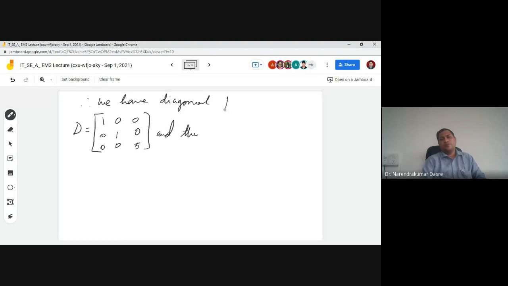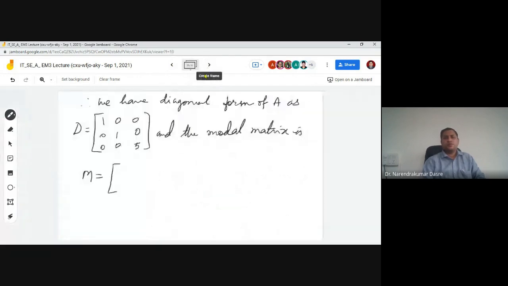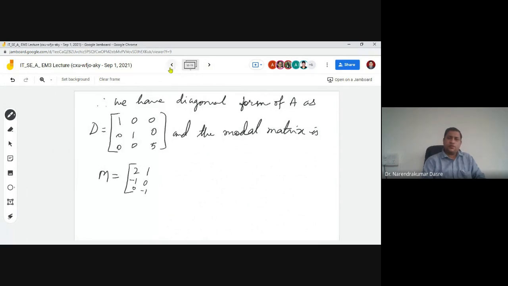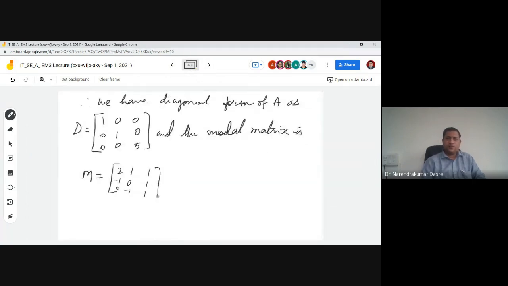We have the diagonal form of A, and the modal matrix M is equal to, okay, so the first eigenvector that we have calculated is 2 minus 1 0, then 1 0 minus 1, and the latest one we have calculated is 1 1 1.